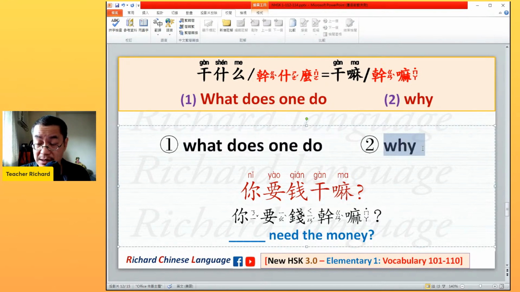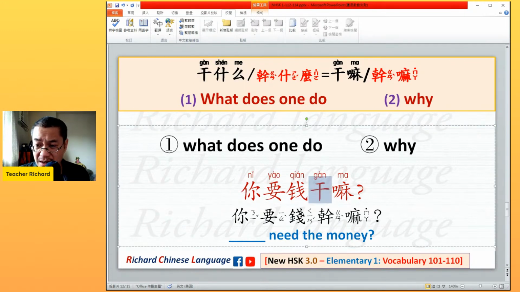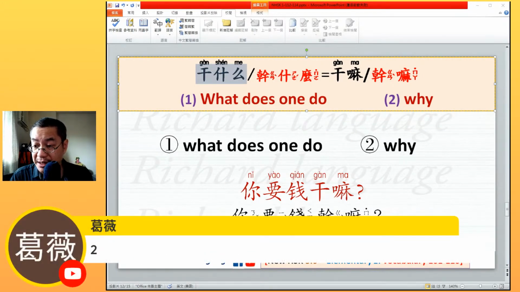So tell me, what's the exact meaning here? 你要钱干嘛? 你要钱 is like you want money for what? Oh, it's like that. 你要钱干什么? So here, what does 干嘛 or 干什么 mean? Tell me the answer. Yeah, very good.